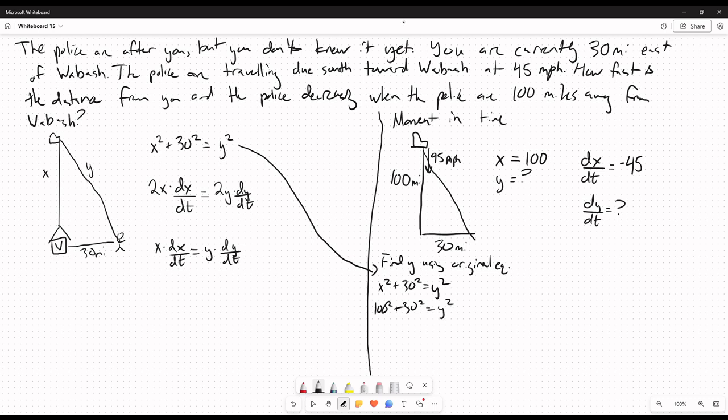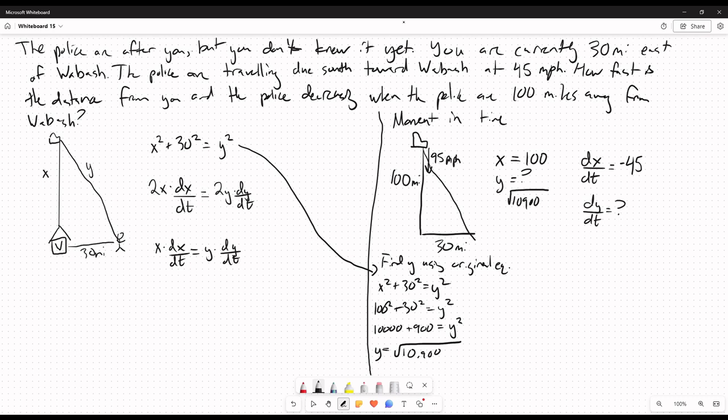That's going to be 10,000 plus 900 equals y squared. So we're going to get that y equals the square root of 10,900. That's lovely. We're probably just going to leave it like that because I don't feel like pulling out my calculator. But you could, of course, plug it into a calculator and figure out what that number is.